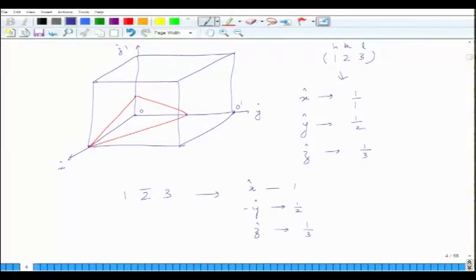So, I can now draw the intercepts. This is along the x axis, along the A length of the unit cell, which is 1. So, it is at A, this is at half, and this is at 1/3 somewhere here. If I now connect these 3 points, this is the 1 bar 2 3 plane.